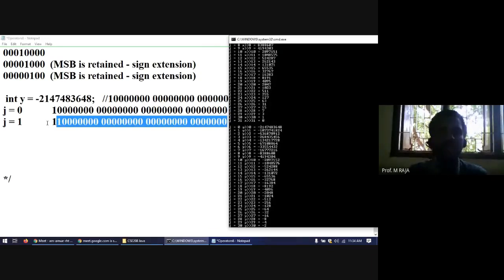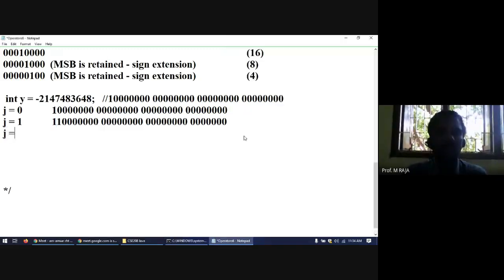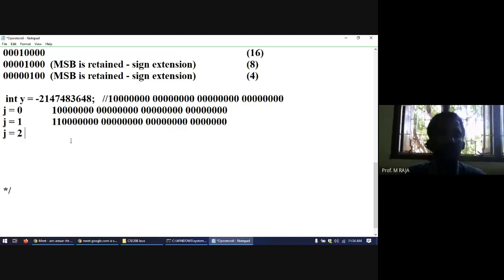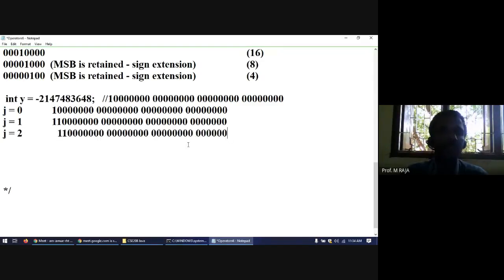Likewise, in the next shift, when j becomes 2, what happens? The LSB is lost, and the new MSB, that is 1, sign is extended. Now 1 indicates a negative quantity.